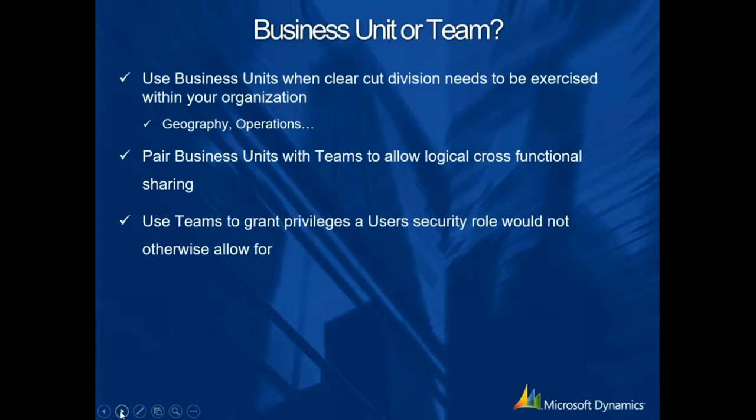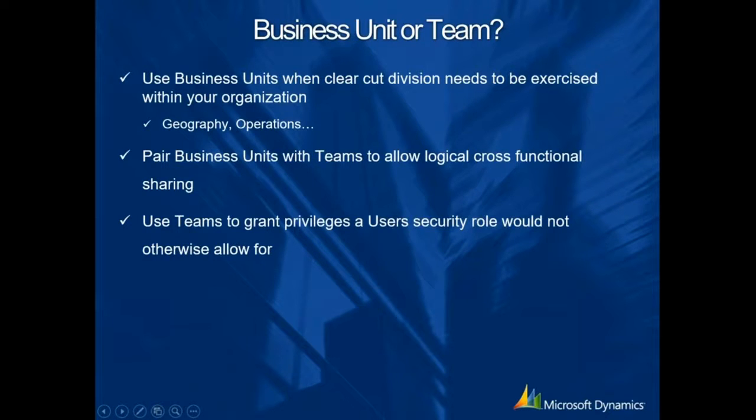If, on the other hand, your model allows for the use of one business unit, but you still require some element of security which allows for the expansion of user access privileges just outside the scope of a user's typical assigned role, then using teams may just fit the bill, and you don't need to get into the craziness of creating business units and moving people here, there, and everywhere. So you really just need to weigh out what works best for your specific organization, and go from there.